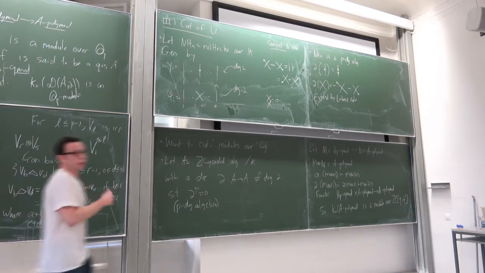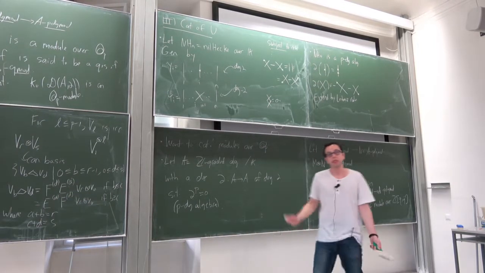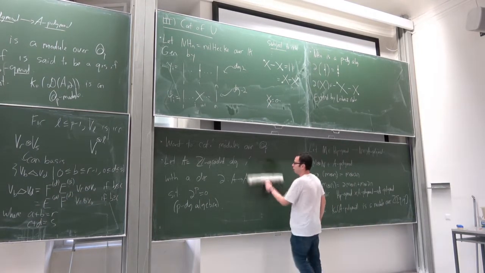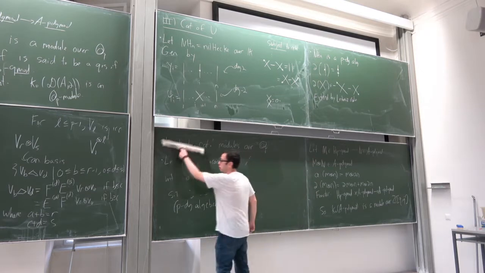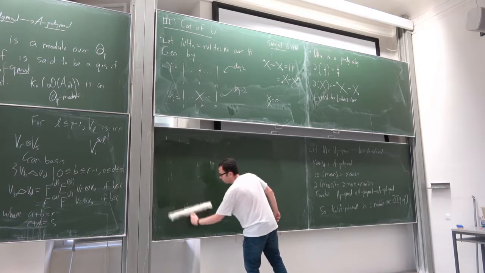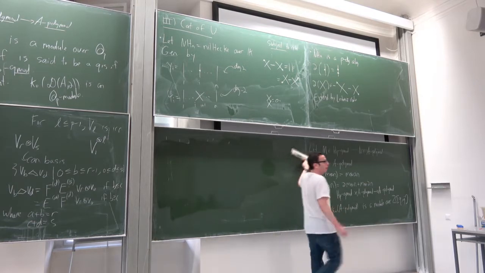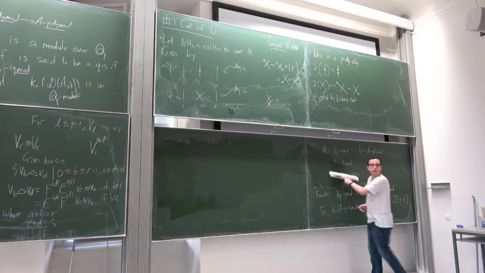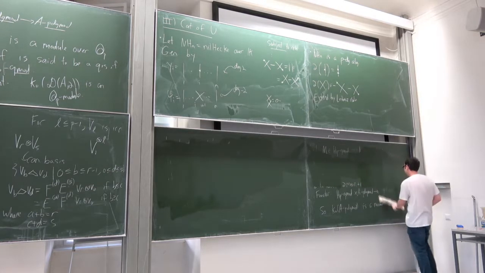So I should say that the nil-Hecke algebra is the most basic example of a KLR algebra. The nil-Hecke algebra is the SL2 version of the KLR algebra, or the quiver Hecke algebra. In general, quiver Hecke algebras also have a PDG structure, but there are fewer theorems known about it right now.